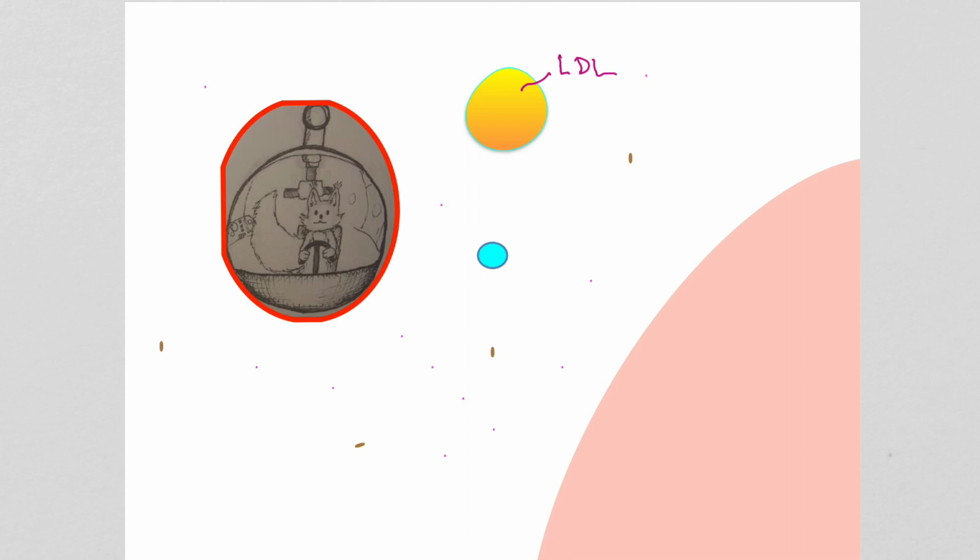This is probably an LDL, a low density lipoprotein, very, very rich in cholesterol. And it's about maybe 30 nanometers or so, 20, 30 nanometers. We'll talk more about lipoproteins.